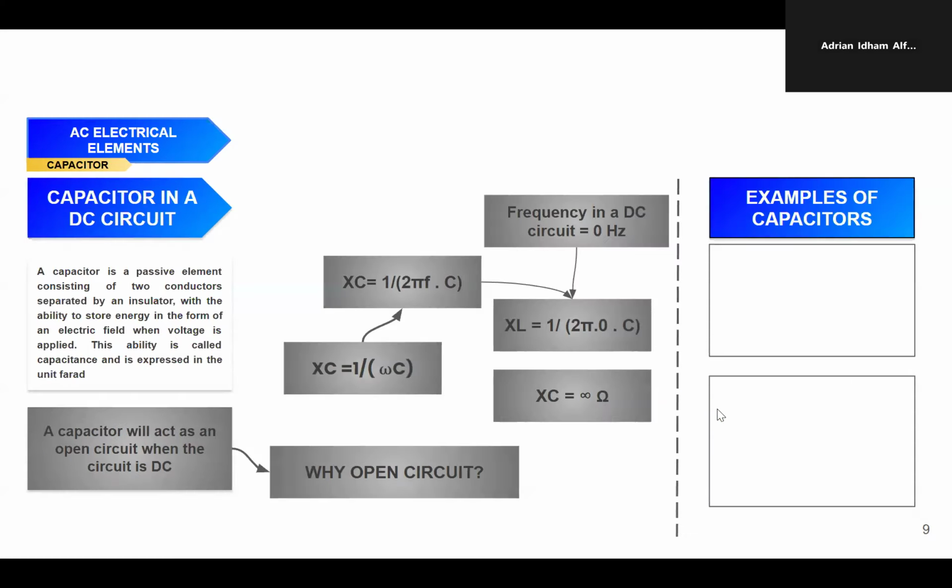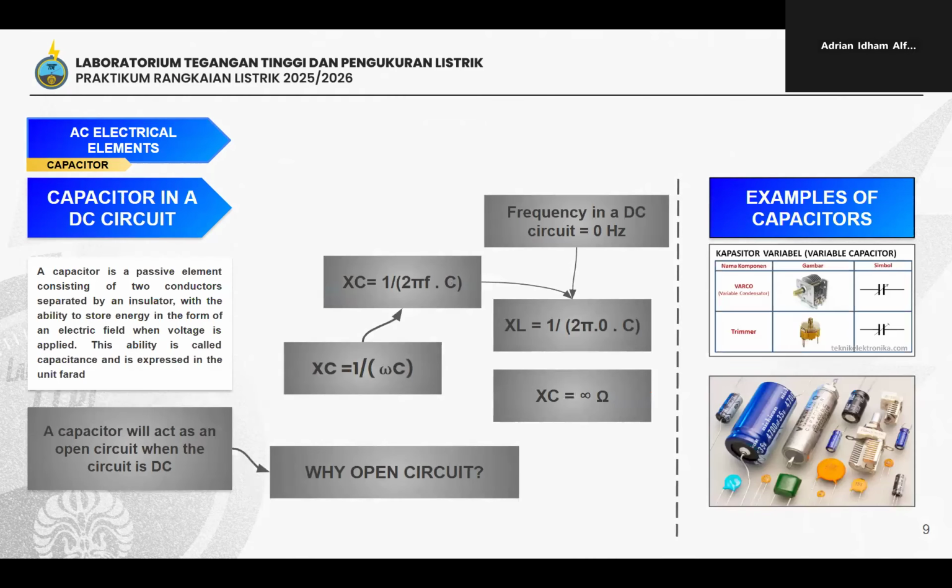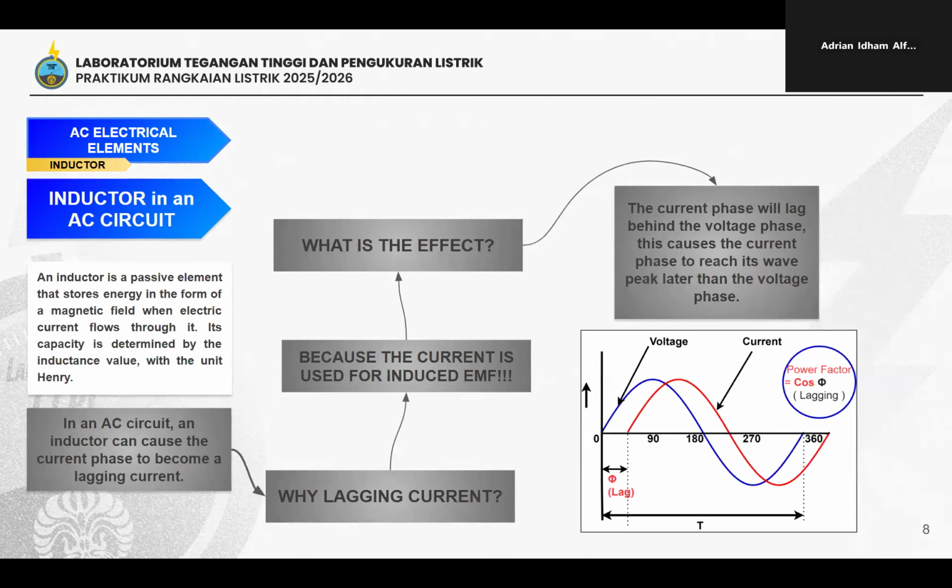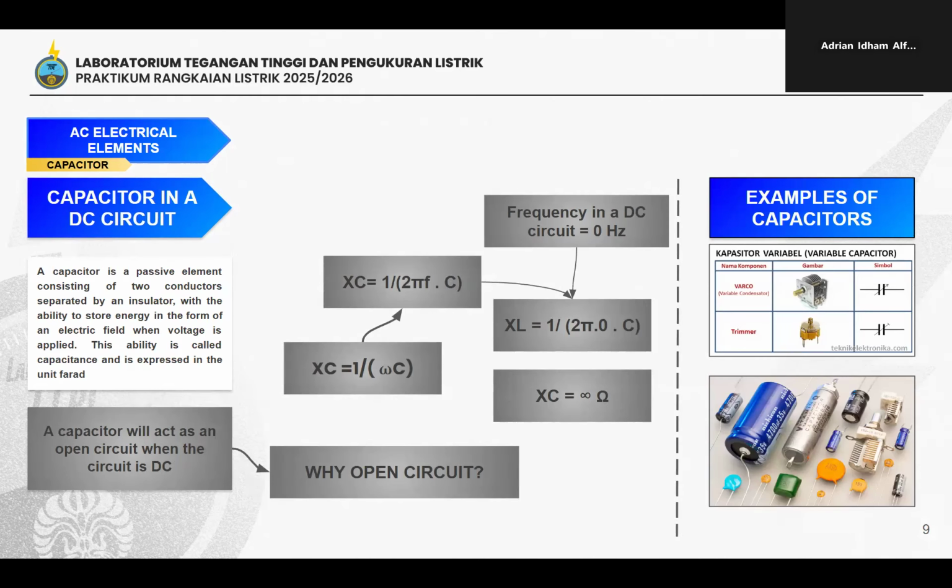Okay, next. Now we will learn about the capacitor. Before that, we discussed the inductor, and now the capacitor. What is the difference between a capacitor and an inductor? A capacitor is a passive element consisting of two conductors separated by an insulator, with the ability to store energy in the form of an electric field when voltage is applied.